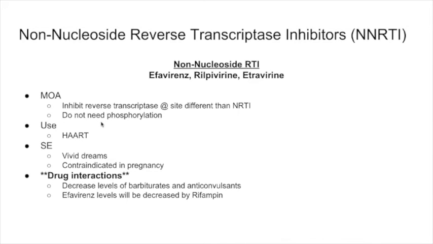These don't really need phosphorylation, and they're used in HIV. I forgot to mention the examples: efavirenz, rilpivirine, and etravirine. Efavirenz is the high yield one to know.